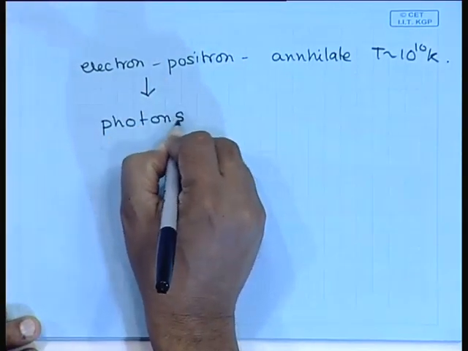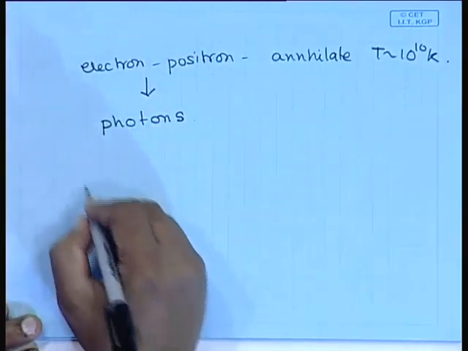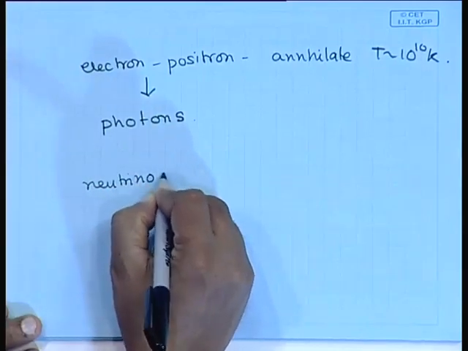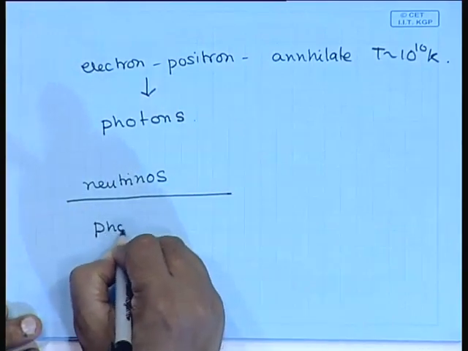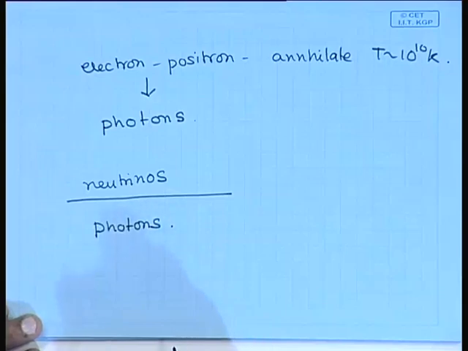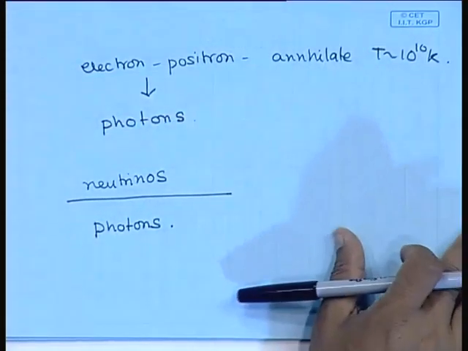Okay. So, they annihilate and they produce photons. So, here what you have is neutrinos which are decoupled, and you have the photons. Okay, this happens later. So, first the neutrinos decouple. Okay, so you have these three things.